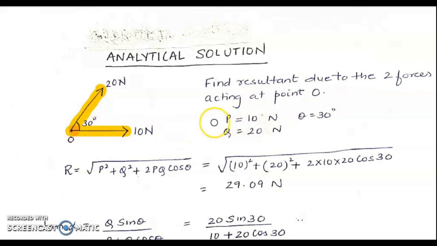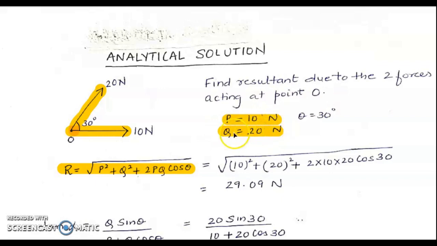The first solution that we can find is using parallelogram law of forces. Parallelogram law of forces has given us these formulas to calculate the resultant due to two forces acting at a point. The formula is resultant is given by square root of P square plus Q square plus 2PQ cos theta. Now P is one of the forces, which is 10 Newton.